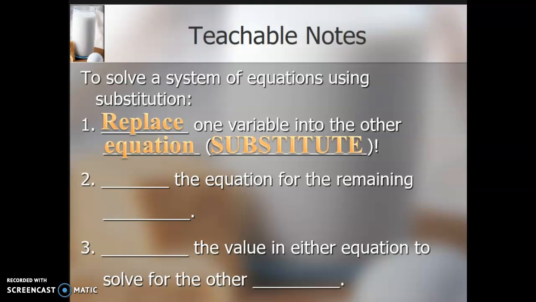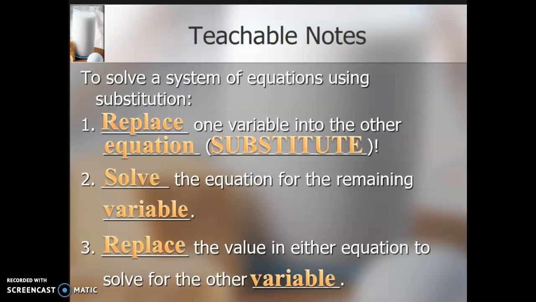In algebra, we'll only use 2. Then you'll solve the equation for the remaining variable. And then finally, you'll replace the value in either equation to solve for the other variable.